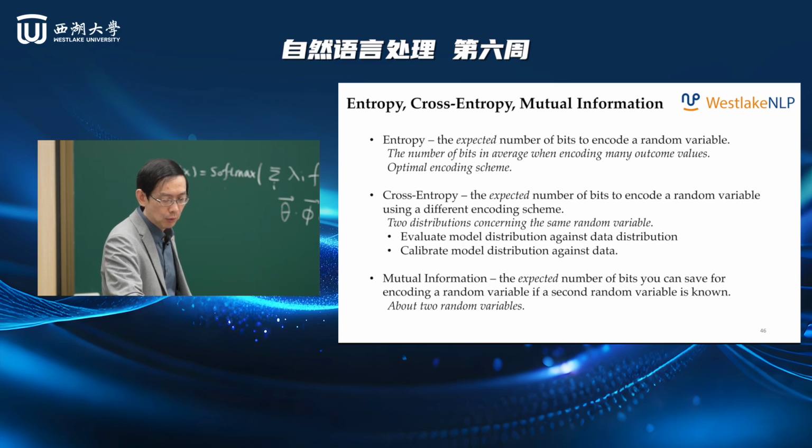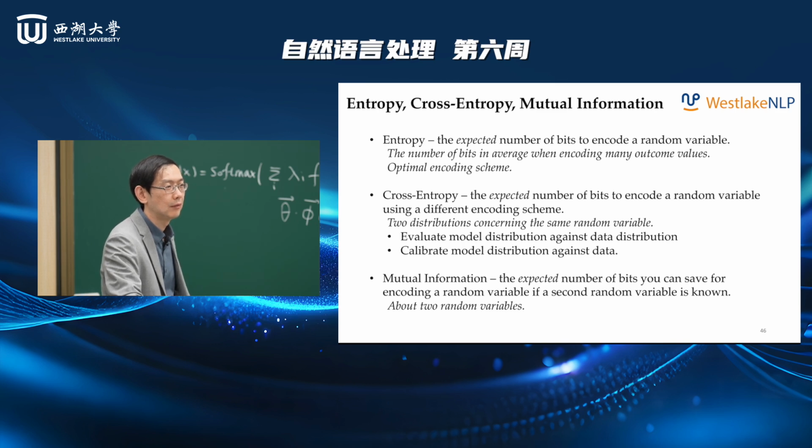So maybe the first random variable is whether there is a final exam, which you don't know. You have some entropy. Maybe the entropy is 1. It's very high. And then you know that the teacher is Yue Zhang.